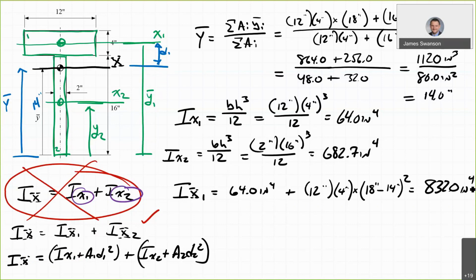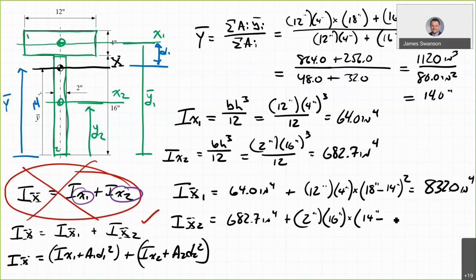And then here, I sub big X2 is equal to 682.7 inches fourth plus the area, 2 inches times 16 inches, times the distance squared. The distance here is 14 inches minus 16 over 2, or minus 8 inches, so 14 minus 8 gives me 6.